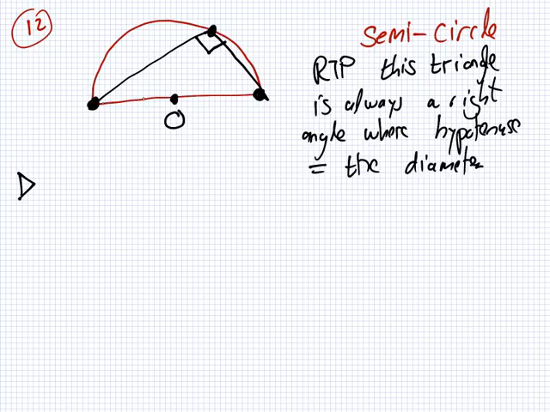So if the hypotenuse is equal to the diameter, then you're guaranteed this other point on the circle will form a right angle triangle. That's what we're trying to prove. Is that okay? Yeah? Okay.